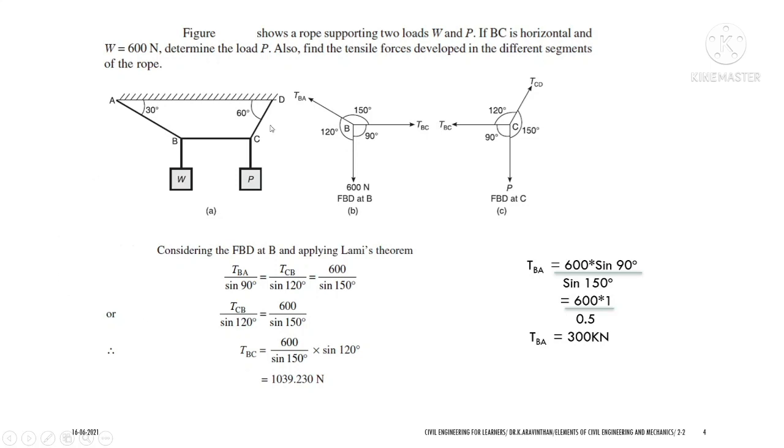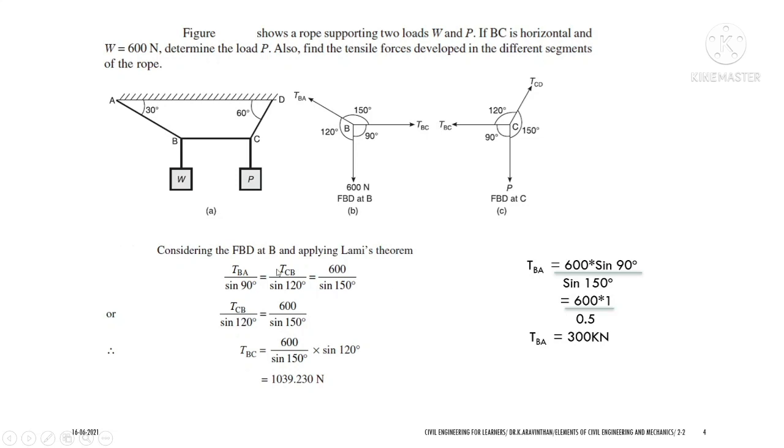So let us use the Lami's theorem for the first concurrent force system. So at this junction B, let us apply this Lami's equation. So 600 divided by sine 150, 600 by sine 150 is here. TBC, the opposite angle is sine 120, TBC divided by sine 120, and TBA, the opposite angle is 90 degree, TBA by sine 90 degree.